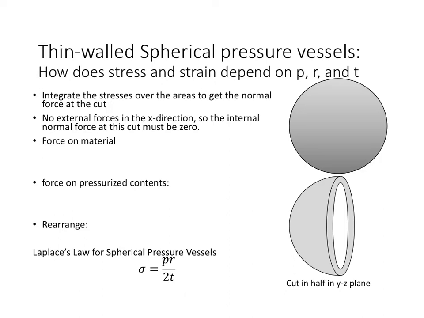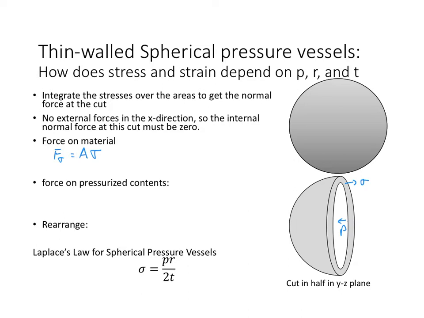Now, we'll look at this and we want to integrate the stresses over all of these areas in order to get the normal force at the cut. So we've said we have sigma coming in, we have pressure coming out, but the force on the material, the force due to that sigma, is going to be the area that the stress acts over times that stress.